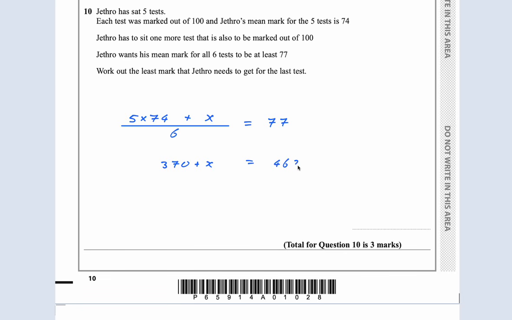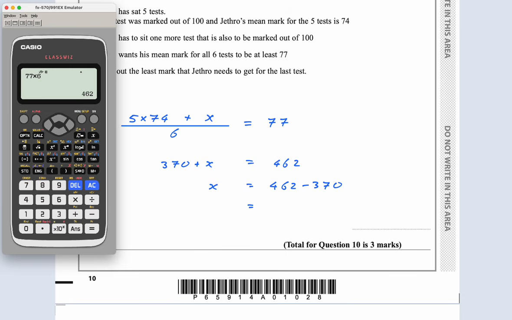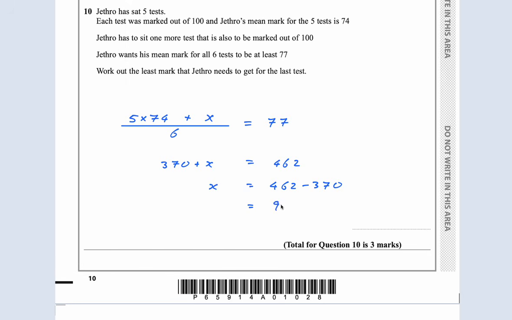And then all I need to do is 462 minus 370, which is equal to, let's just be sure, 92. So he needs to get 92.